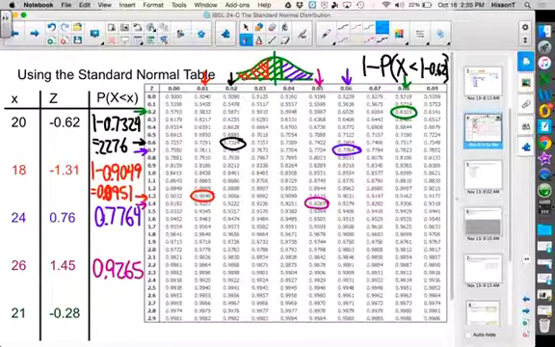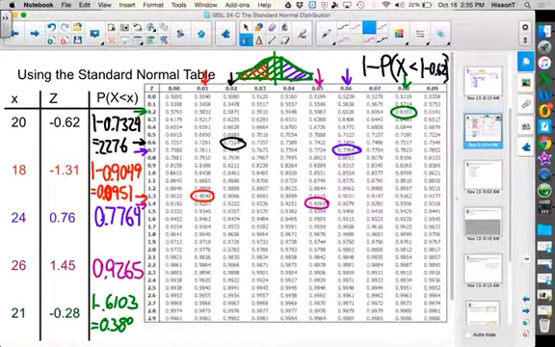So if we subtract 1 minus 0.6103, that will give us the probability below, because this equals this. Okay? So 1 minus 0.6103 will be 0.3897. All right.